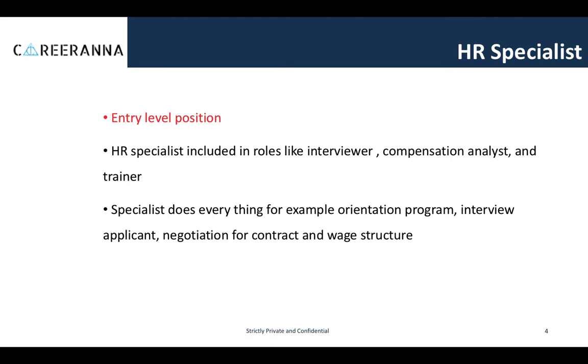Now, as the recruiter, you could be conducting interviews. As a compensation analyst, you could be working on computing the salaries, taxation, and related activities, and as a trainer, you might be involved in a lot of employee development activities.